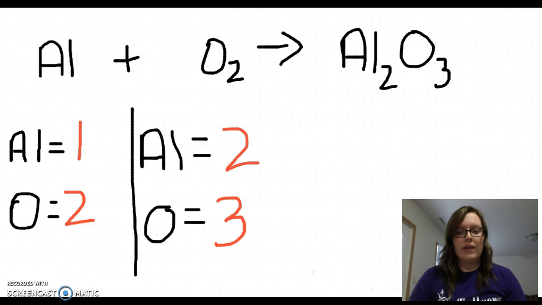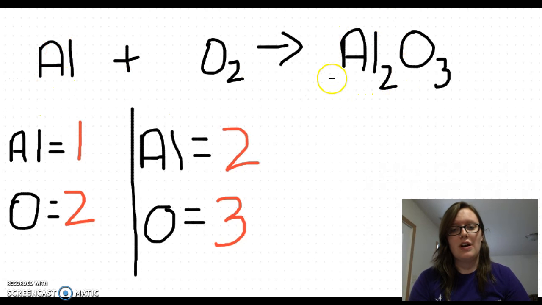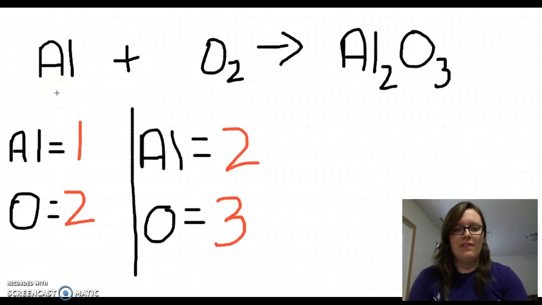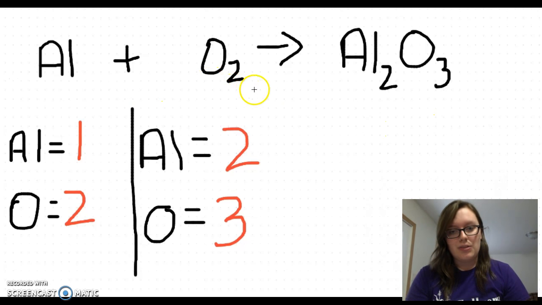So what can we put there to make this equation balanced? Well, what can we add to aluminum on this side so that we can get 2 on this side? Well, if we put 2, we would have 2 aluminums on this side, and that would be balanced, but then we need to look at the O's as well.